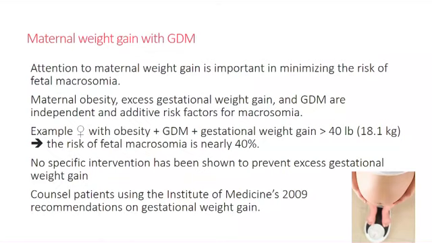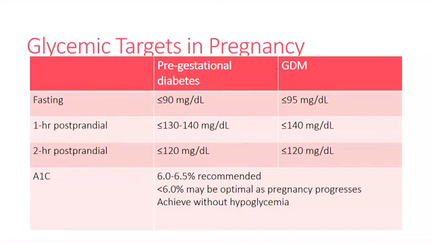For gestational diabetes, less than 95. What about the 1 hour? 180? There's 1 hour and 2 hours. I don't remember the 1 hour. I think 2 hour is 120. Thank you very much, appreciate it.